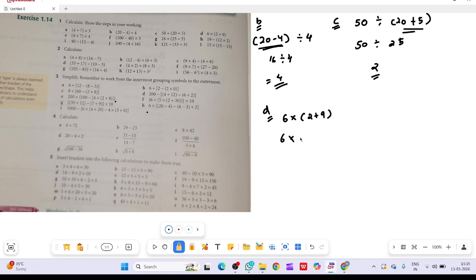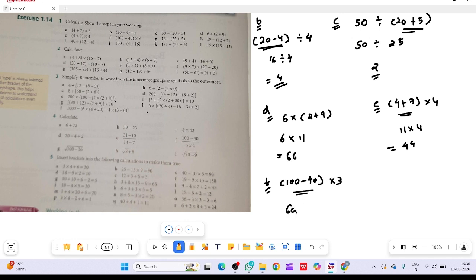So 6 multiplied by 11, which is equal to 66. e: 4 plus 7 into 4. So 4 plus 7 is 11 multiplied by 4, which is equal to 44. Then f is 100 minus 40 multiplied by 3. So 100 minus 40 is 60 multiplied by 3, which is equal to 180.